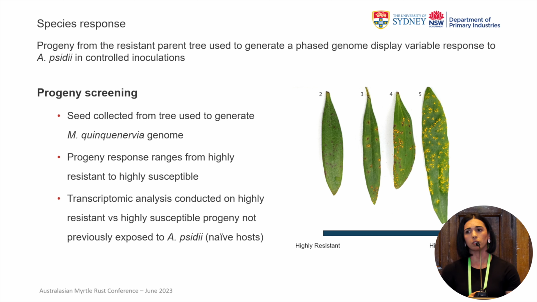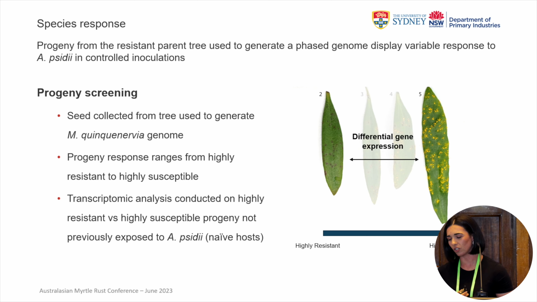And there's a few reasons for doing this. Really, the biggest reason was to screen naive hosts. So what I was interested in doing is screening hosts that have never been exposed to the pathogen before and seeing if there's some genetic information that we can capture in the first time that the plants have been exposed to the pathogen. This wasn't a fun task.